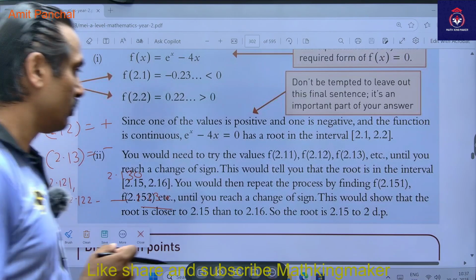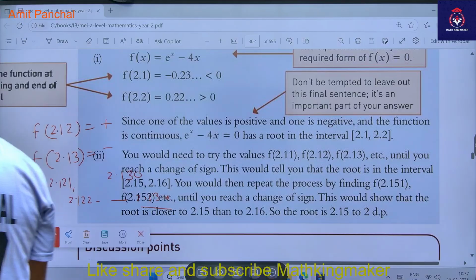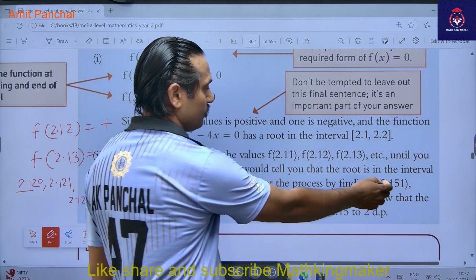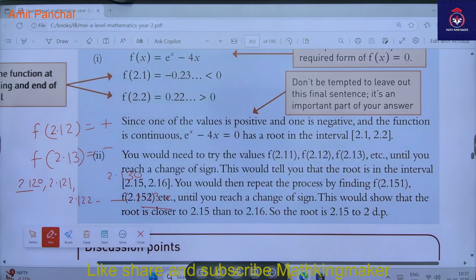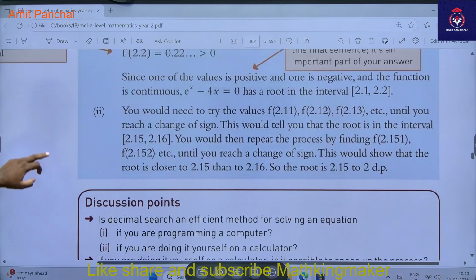If 2.125 is positive, would the answer to two decimal places be 2.13? Yes, 2.13. And if 2.125 is negative, is the answer 2.12 to 2 dp? We'll see that later on. So that was the basic concept. Did you get everything?